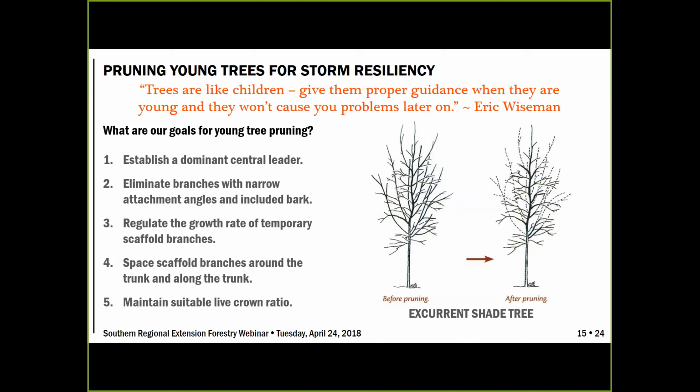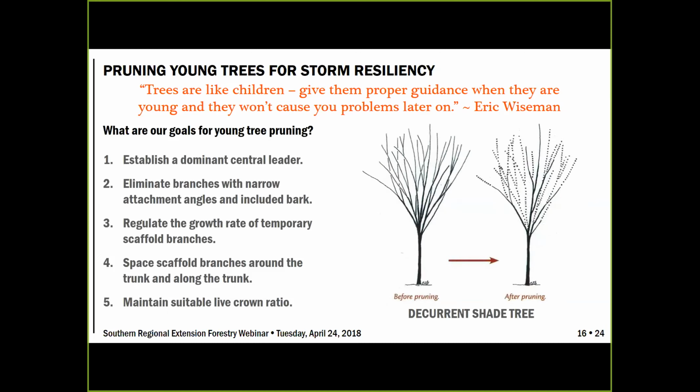So this is an example of an excurrent shade tree. They tend to be better behaved, particularly in the characteristic of developing a dominant central leader, but we often plant in our urban forest species that have more of a decurrent shape. That is a tendency to develop multiple leaders.